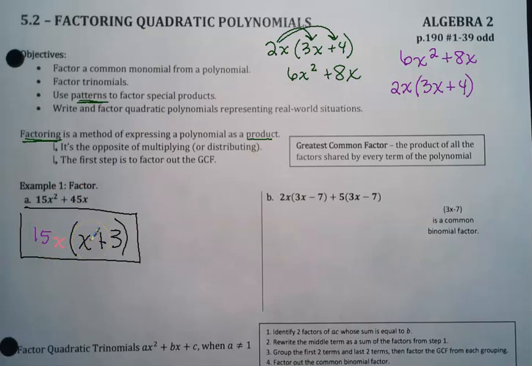Now, in B, it's a little bit different. We've already got some stuff pulled out of each of them. The cool thing here to notice is that 3x minus 7 and 3x minus 7, these quantities are the same. We call this a common binomial factor. Okay, 3x minus 7 is a common binomial factor.